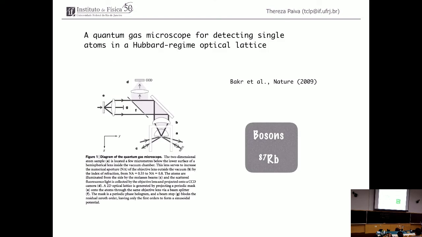Here is the 2009 sketch from Waseem Bakr for bosons. This tiny thing here, the layer below the hemisphere, is where the cold atoms are. And here we have a set of lenses and CCD cameras that image the system.